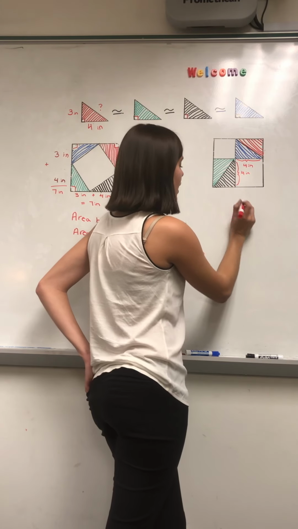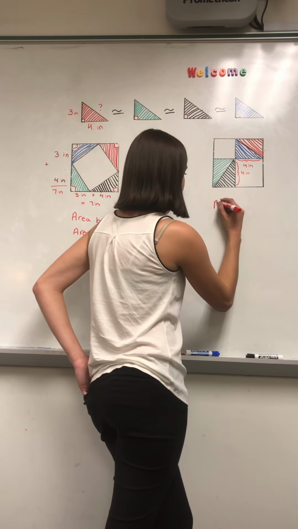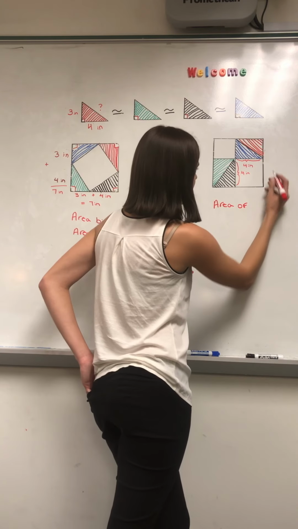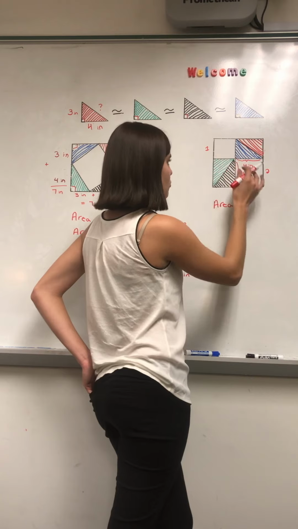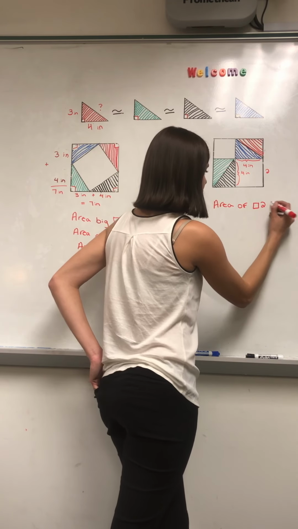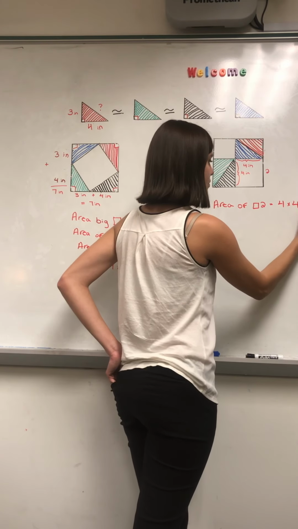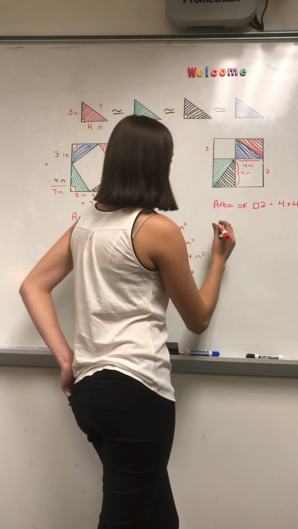So we are going to do 4 times 4. So let's do area, and let's label this 2 and 1, just to keep track that they're separate. So the area of square 2 is equal to 4 times 4, which is equal to 16 inches squared.